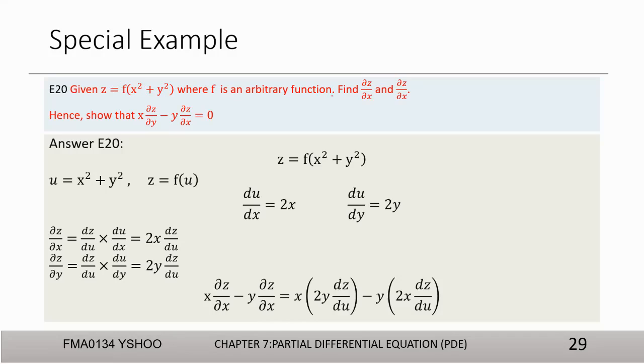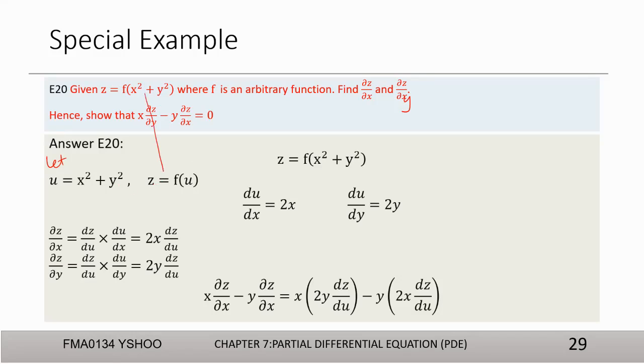So now find del z del x and del z del y over here, hence show that x del z del y minus y del z del x equals 0. First thing, the method is already fixed. The first step is always let u equal x squared plus y squared.